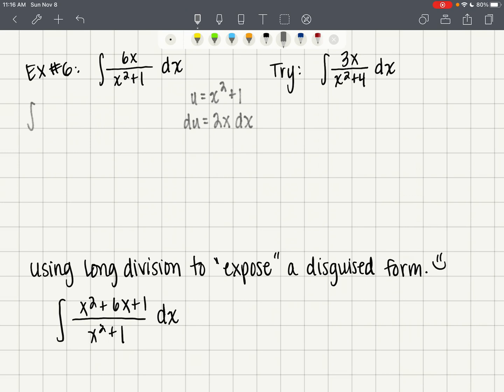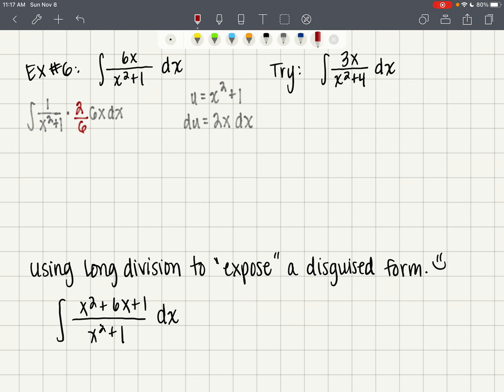We have the integral of 1 over x squared plus 1, and then we have times 6x dx, but we need that to be a 2, not a 6. So we're going to undo the 6 by dividing by 6, and we're going to replace it with a 2.